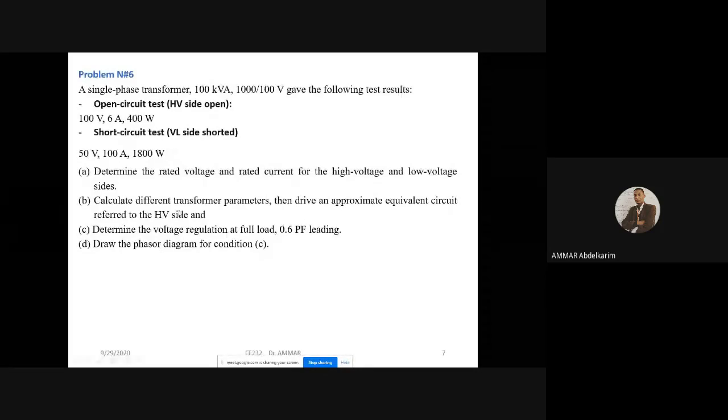The question number 1: determine the rated voltage and the rated current for high voltage and low voltage sides. Then calculate the different transformer parameters, then derive an approximate equivalent circuit referred to the HV side. Determine the voltage regulation at full load, 0.6 power factor leading.